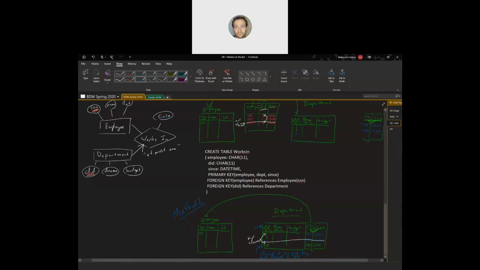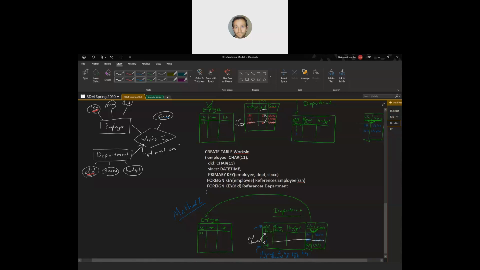So, having an SSN and since as composite keys, this would just allow for, or rather prohibiting, an employee to work in two different departments at the same time, which I guess it depends.